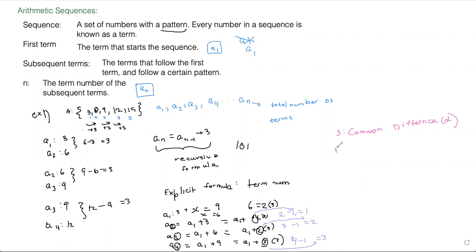So that's defined as N. Then we have A1, which is the first term of a sequence.